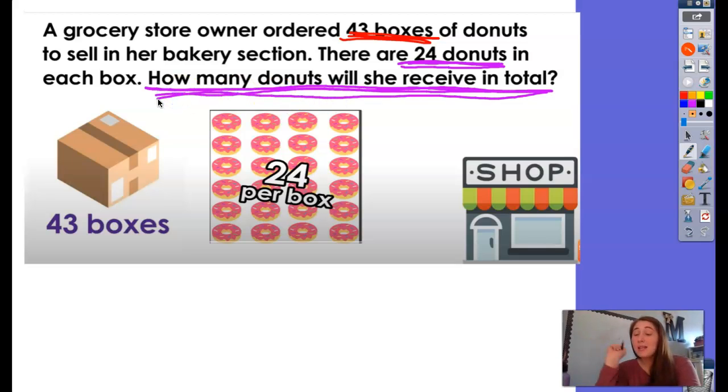So this tells me that we need to solve with multiplication. We are going to have to do our 43 boxes times the 24 donuts per box to find out how many total donuts there are. So to find out the total, which is unknown, we are going to use an area model to help us do this.